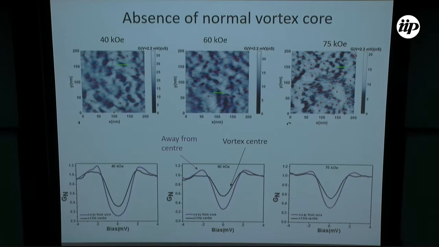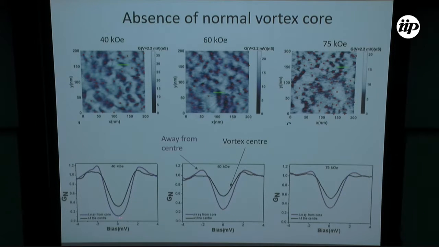The other interesting feature that we observe is that, I'm showing you representative data, but we have done many, many line scans along these points that we identify as vortices. And what we observe is that away from the core and at the center of the core, we always have this gap-like feature.